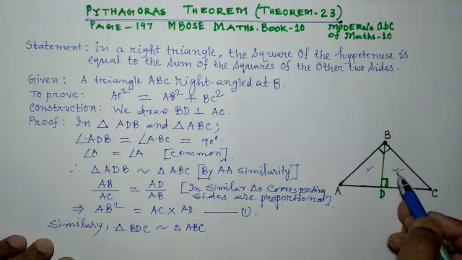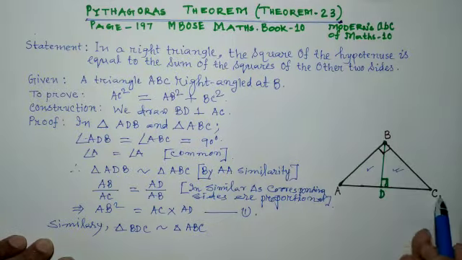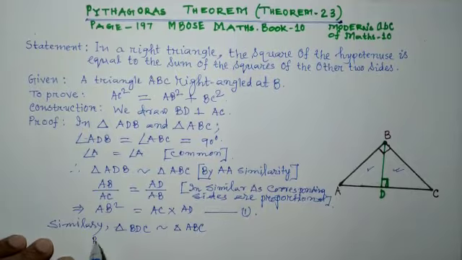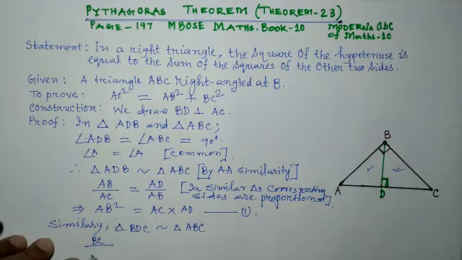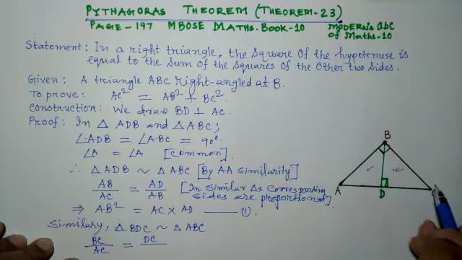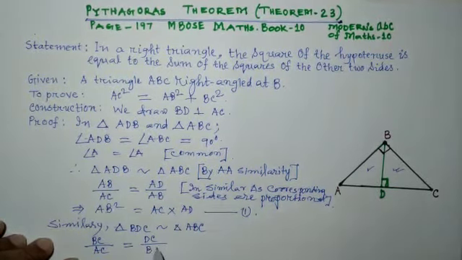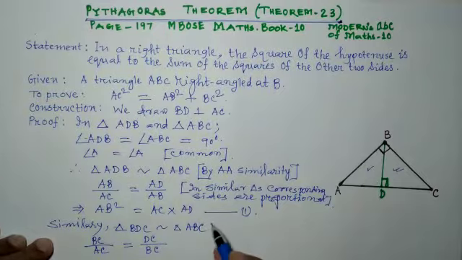So from the small triangle the hypotenuse is BC, and from the big triangle the hypotenuse is AC. AC is equal to, from the small triangle if we take DC, and from the big triangle it is BC, the corresponding sides. So corresponding sides are proportional.